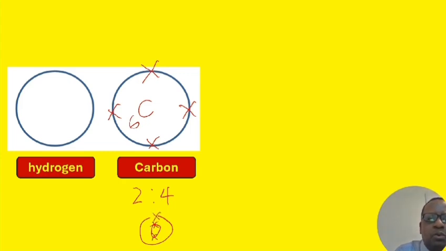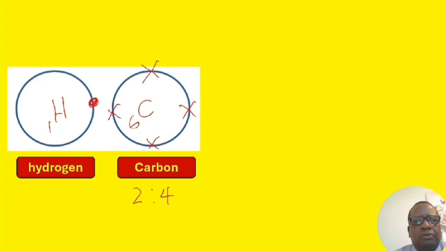We're just drawing the outer shell electrons only. Then your hydrogen is atomic number 1, so it's still having 1 electron in the outer shell. How can carbon have 8? And how can hydrogen have 2 in this situation?